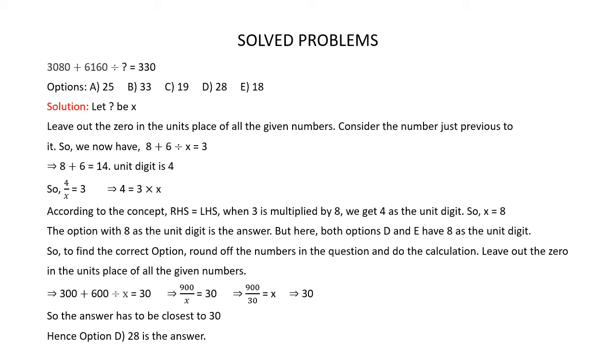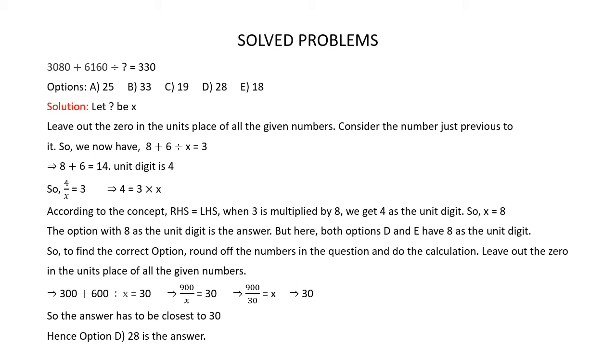You will see that when 8 is multiplied with 3, you will get 24, and the unit digit of 24 is 4. So x is 8. Now the option with 8 as the unit digit is the answer.